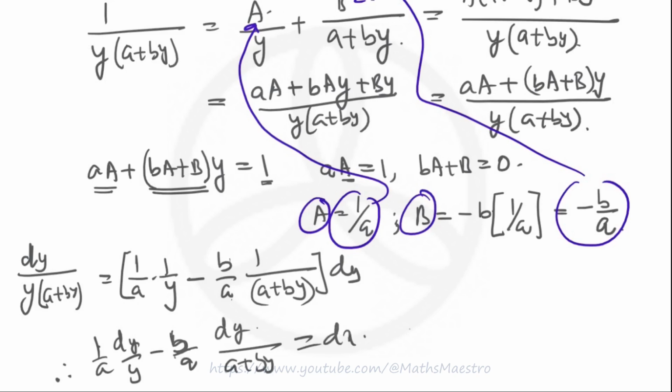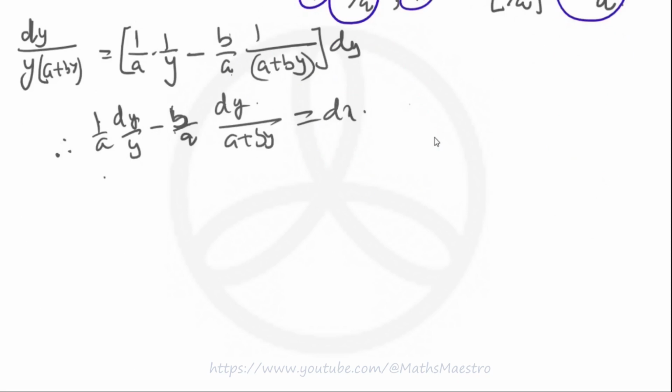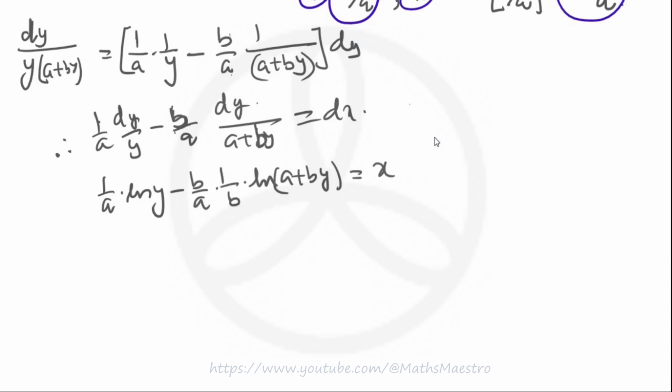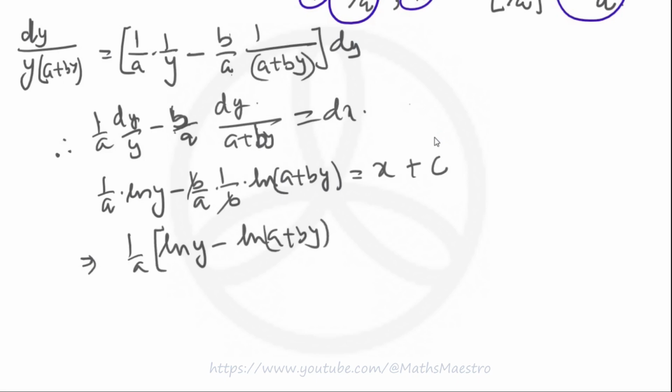Now we apply integration on both sides. Here we will have 1 by a ln y, and here we will have b upon a times 1 by b ln (a plus by) is equal to x plus a constant of integration c. This will be 1 by a ln y minus ln (a plus by) is equal to x plus c.